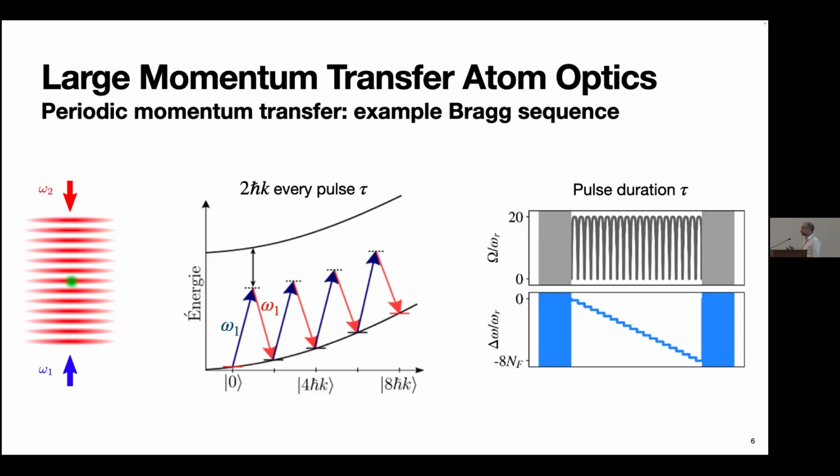Most of the experiments using this Bragg sequence try to optimize this single pulse very well in order to have a single momentum state which is diffracted. To do that, you need to be in the adiabatic regime, where you don't want to populate the nearby momentum states around the wanted transition.